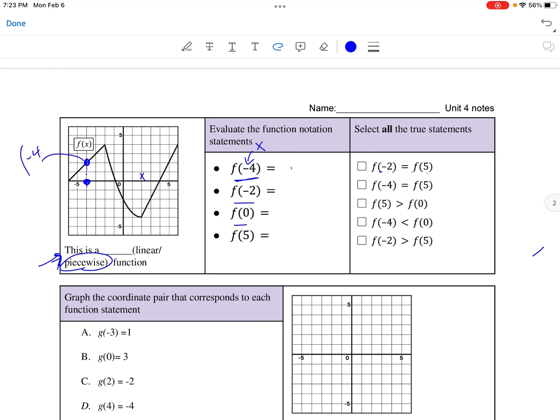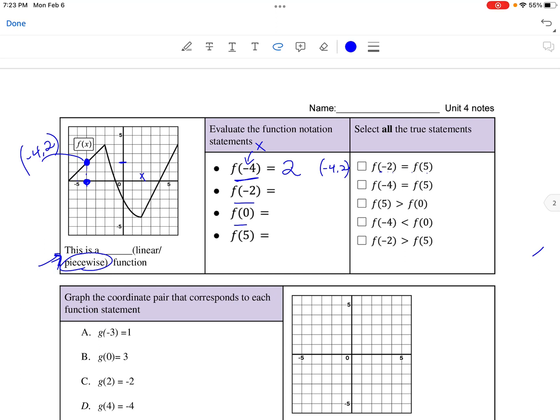That is -4, 2. So when the input is -4, the output is 2. So we would write f of -4 equals 2. And we could, of course, write that as an ordered pair, which would match the ordered pair of that point on the function.